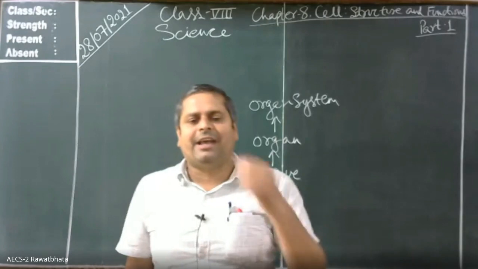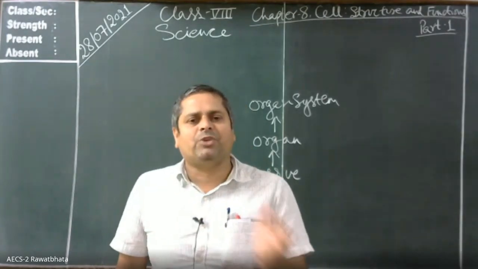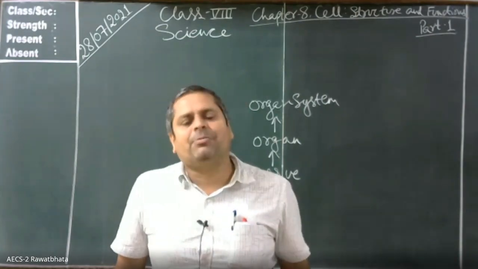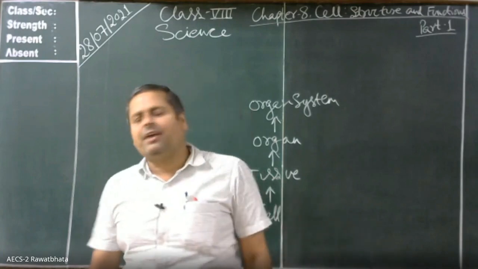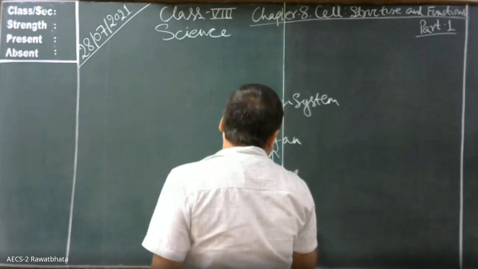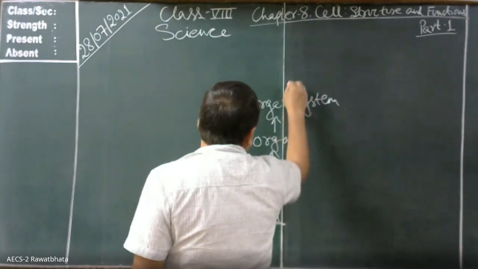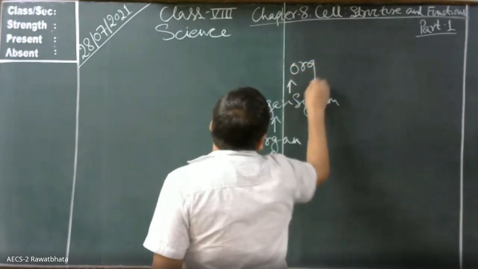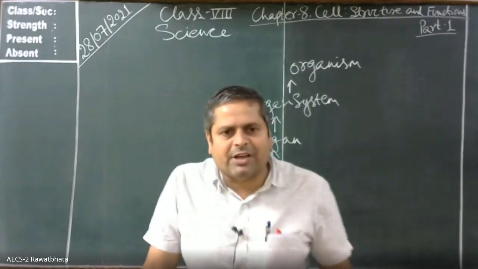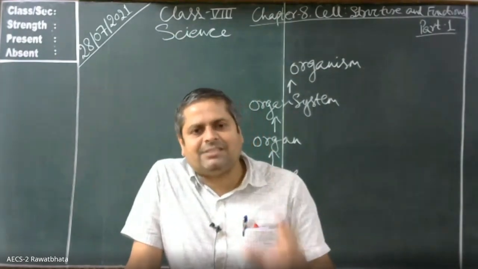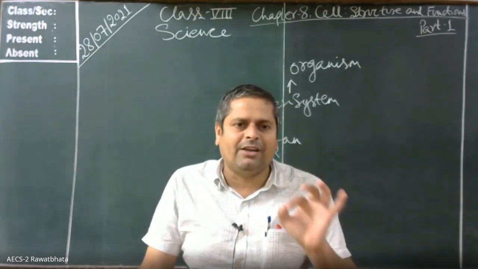For example, the excretory system includes a pair of kidneys, a pair of ureters, urethra, urinary bladder, etc. Understand, children? So the cell is the smallest unit in a living organism.